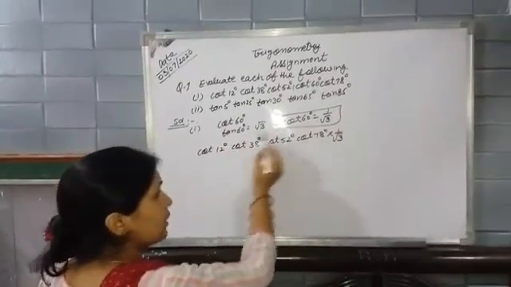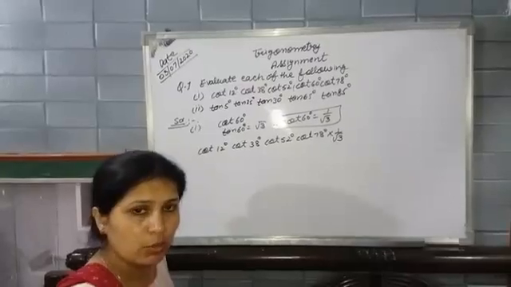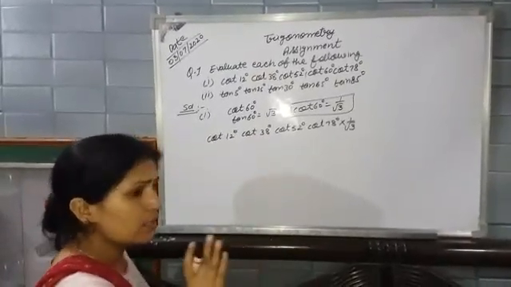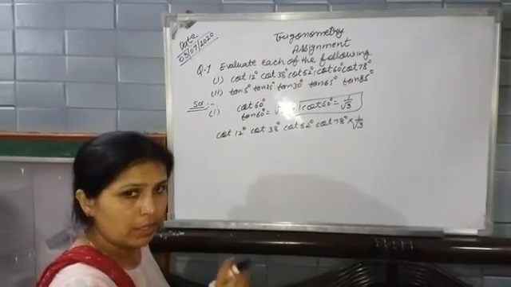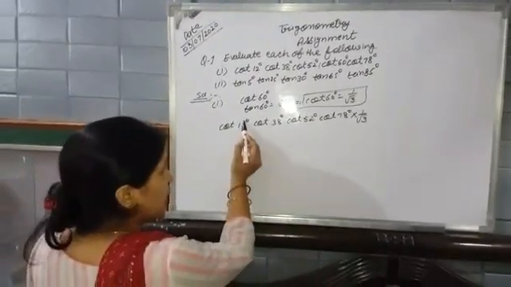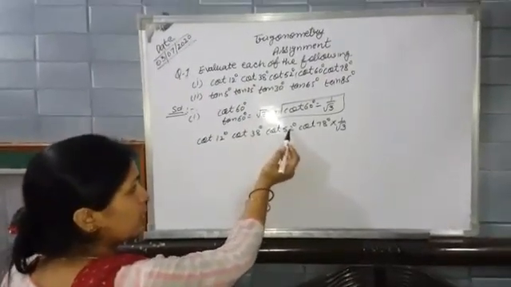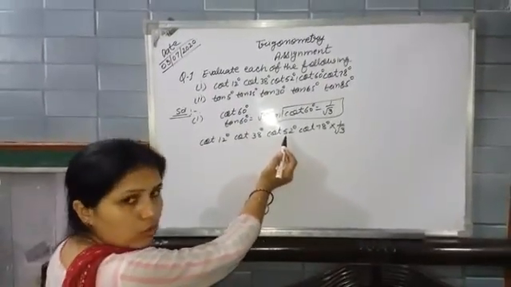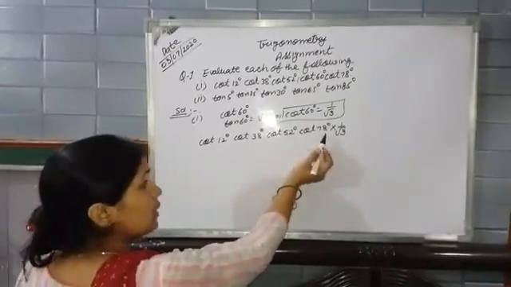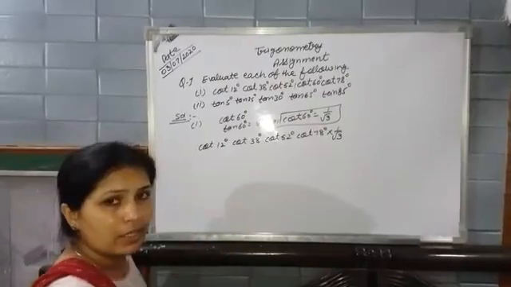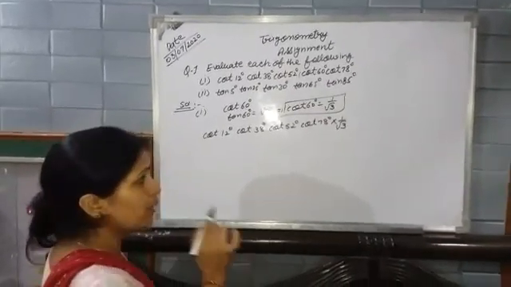Now in this type of question we have to check whether the sum of any two angles is equal to 90 or not. If we take 12 degree, 12 plus 38 is not equal to 90, 12 plus 52 is also not equal to 90, but 12 plus 78 is equal to 90. When the sum is equal to 90, then we can apply the complementary angle condition.